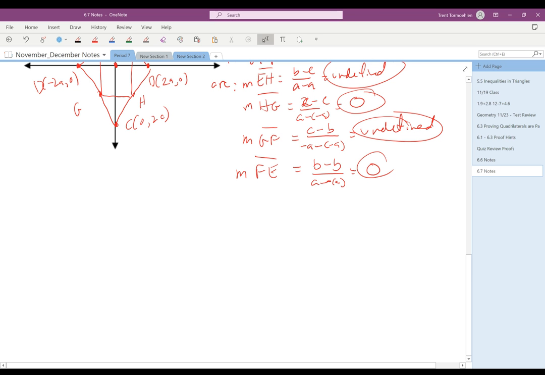This is going to take a little bit longer narrative than normal, but a better way to say it would be: EH and GF have undefined slopes, which means they are vertical lines.